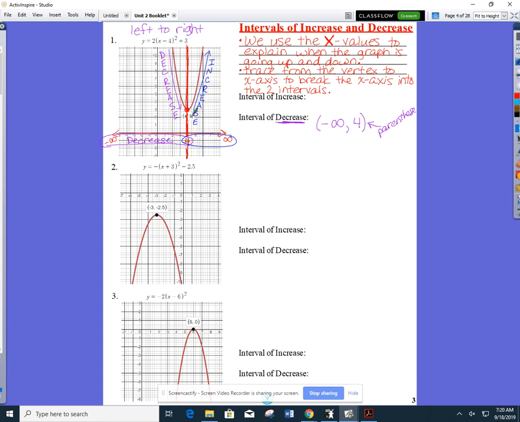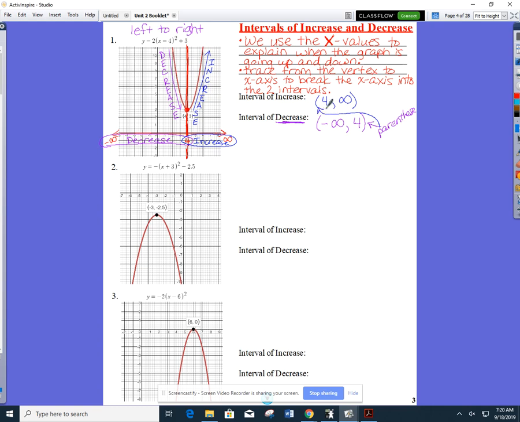It's not decreasing and it's not increasing. So we use a parenthesis to show we're not including the 4 as a decrease or an increase. Then we start moving again and our speed would start to increase. So from 4 to infinity. And again, a parenthesis, not a bracket.